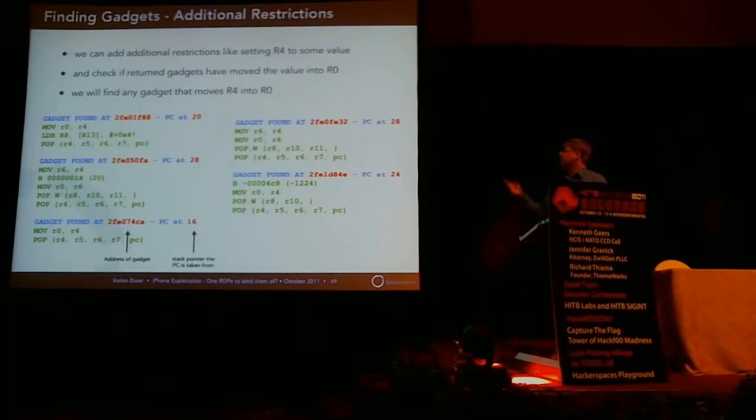In the end, you check which of the gadgets suddenly has the same value in R0 as R4, and then output all the gadgets, and you will see these gadgets all move the value of R4 into the R0 register. Sometimes it's done directly, sometimes you first have a branch, sometimes it's moving it into the R6 register first and then moving the R6 register into the R0 register. So it's all these kinds of gadgets.